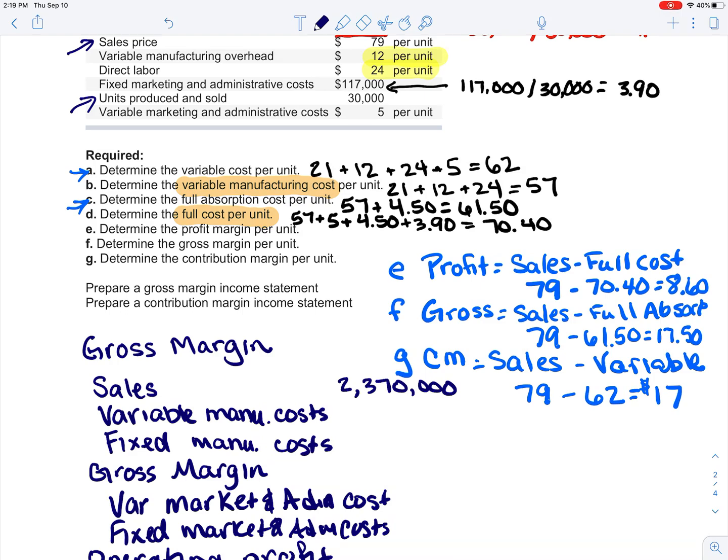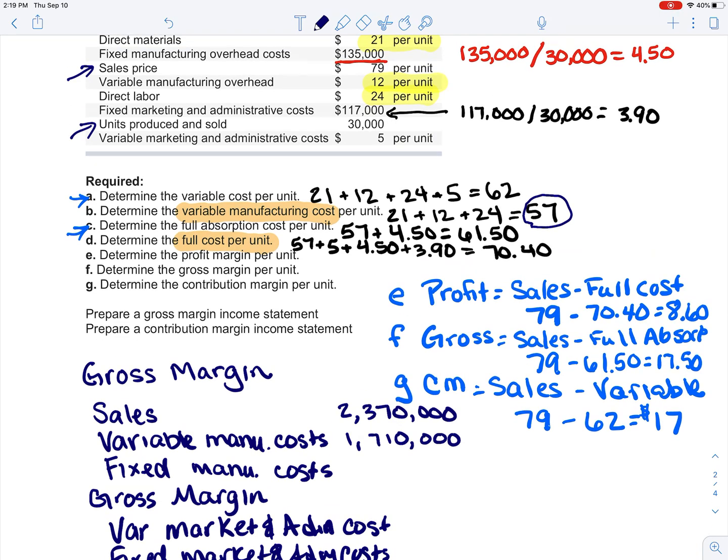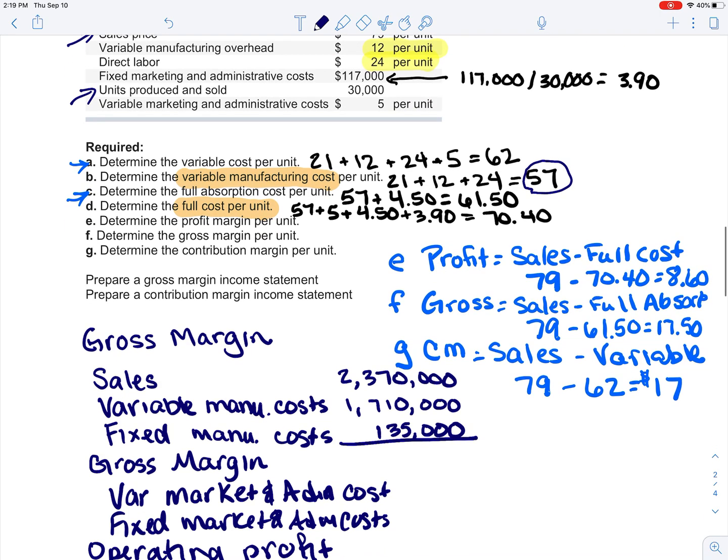We know from doing our work in the previous problem that our variable manufacturing costs are $57. We made 30,000 units, which gets us to 1,710,000. Our fixed manufacturing costs are given to us. They're right there, the 135. I subtract my costs from my sales to get my gross margin of 525.